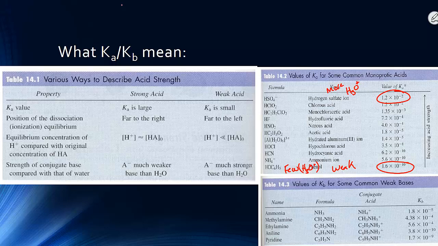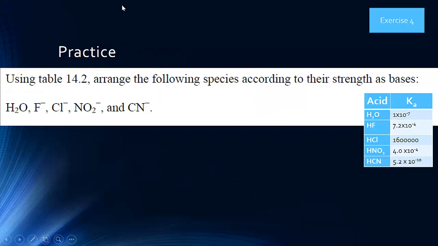Keep in mind, if something is an extremely weak acid, that makes it a strong base. So phenol might be a very weak acid. It is a fairly strong conjugate base.